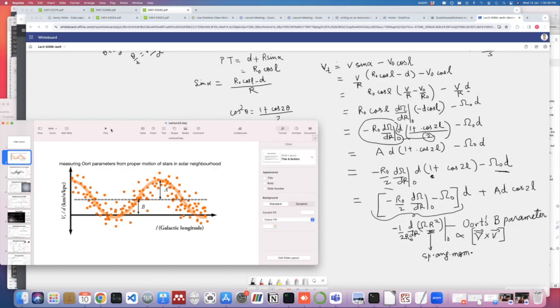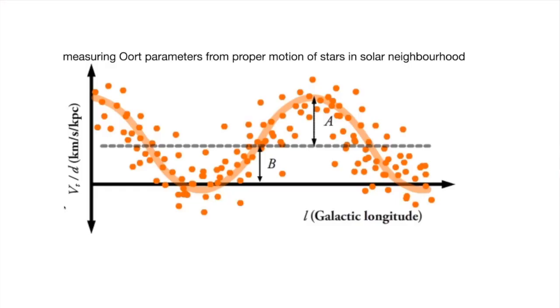So this is, for example, the measurement of transverse velocity divided by the distance, nothing but proper motion, measured in kilometer per second per kiloparsec. It's a schematic representation, and this is galactic longitude.